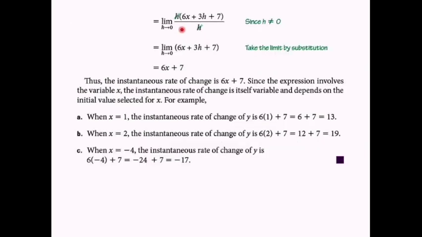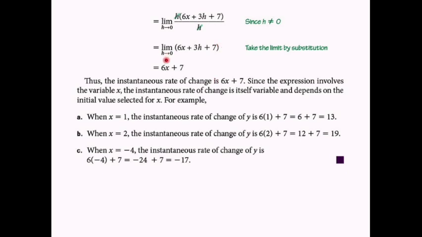So we can factor and pull out an h from all of those terms, and then we can divide it out with that h in the denominator. And so now what we're left with is the limit as h approaches 0 of 6x plus 3h plus 7.